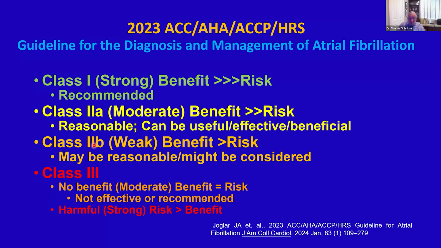A class 2B recommendation is a much weaker recommendation. Yes, the benefit is greater than the risk, and so it may be reasonable, or it might be considered, in the context of the patient. Class 3 are either no benefit or harmful, and so are not recommended, or are recommended against.